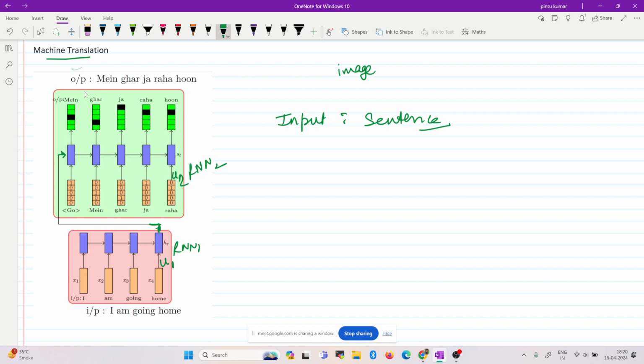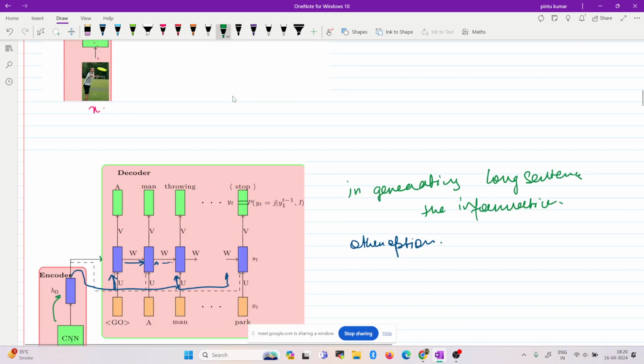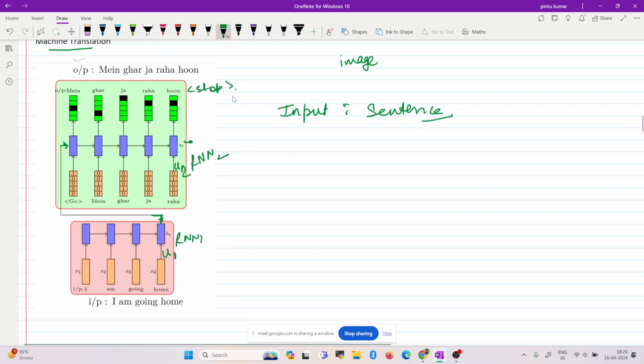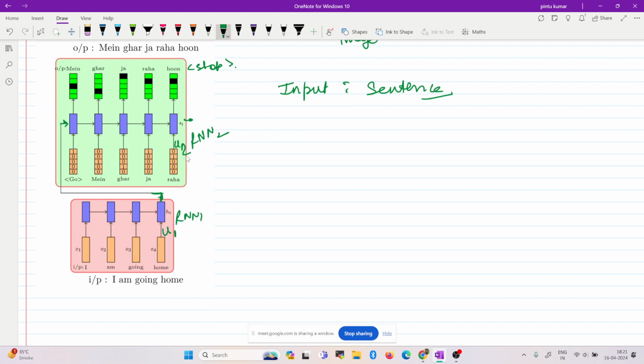And this way, again, there would also be a stop kind of thing that you should have. So there would be one more arrow over here where you input and you should get stop. So again, here your input is a sentence.